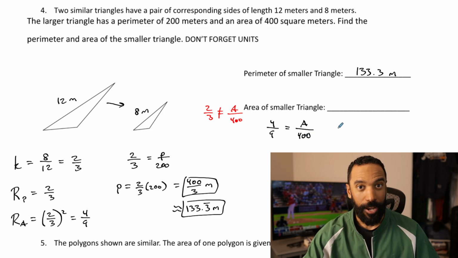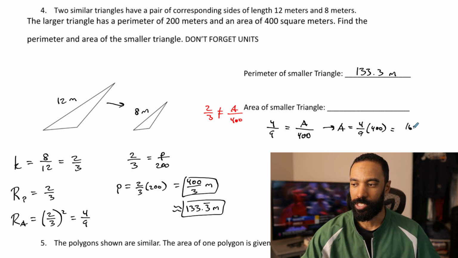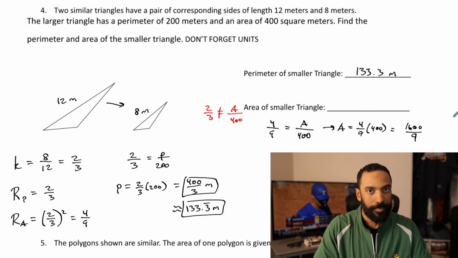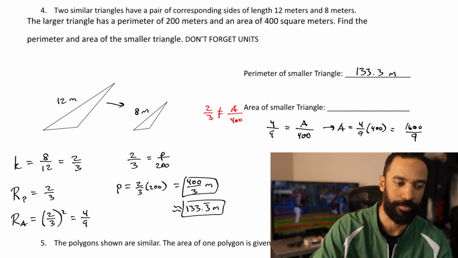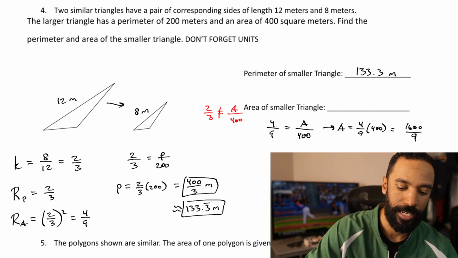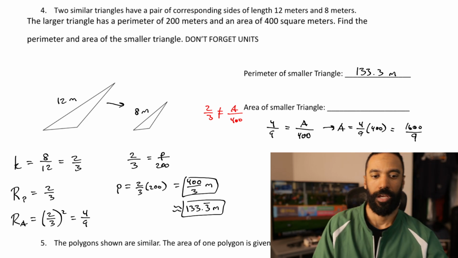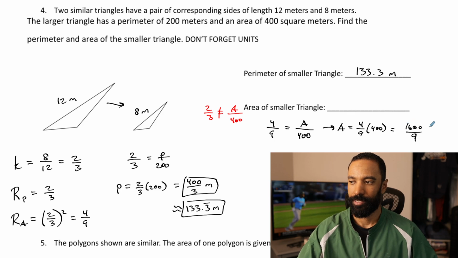So multiply both sides by 400. Area is 4/9 of 400, which is 1600 over 9, which is something. I'm going to use a calculator. 1600 over 9 is 177.7 repeating.